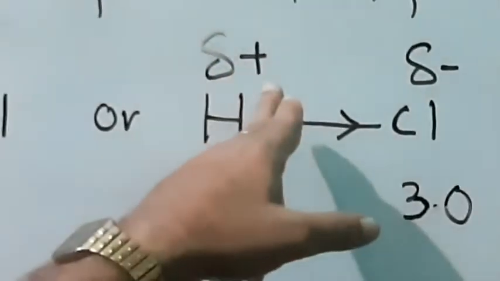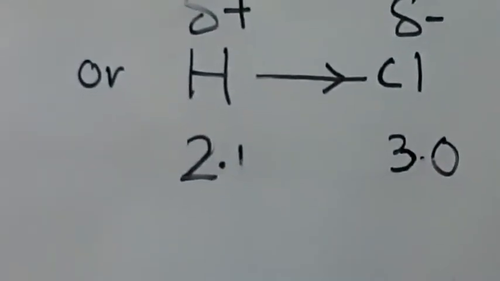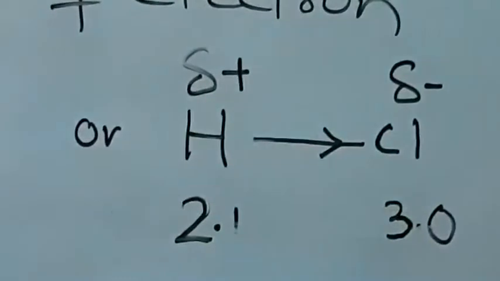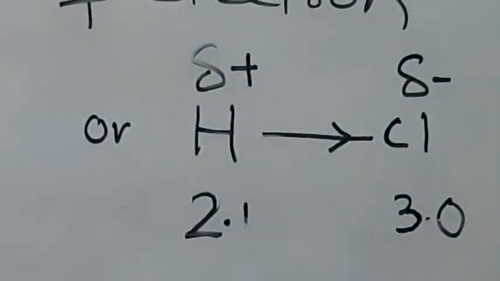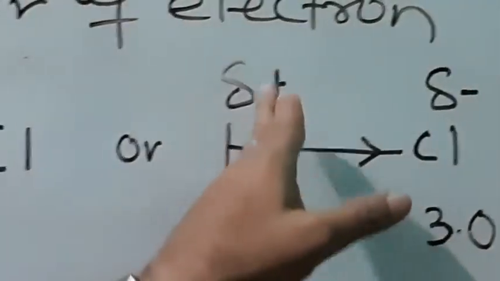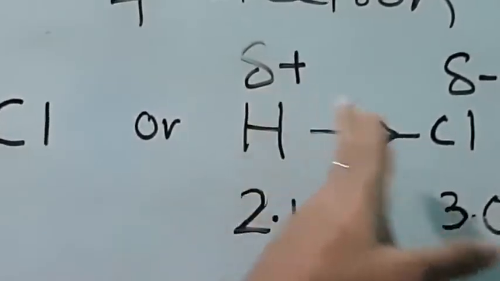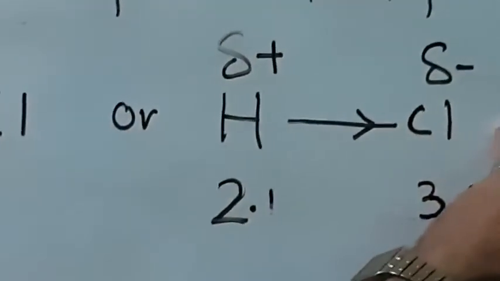I mean to say here that the charge developed over the hydrogen and over the chlorine is a very small charge. We represent that small charge as delta positive and delta negative.